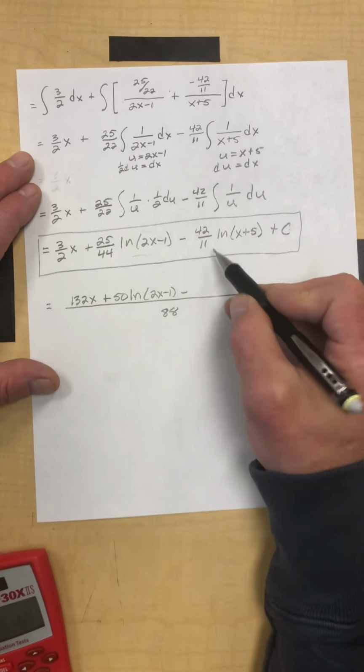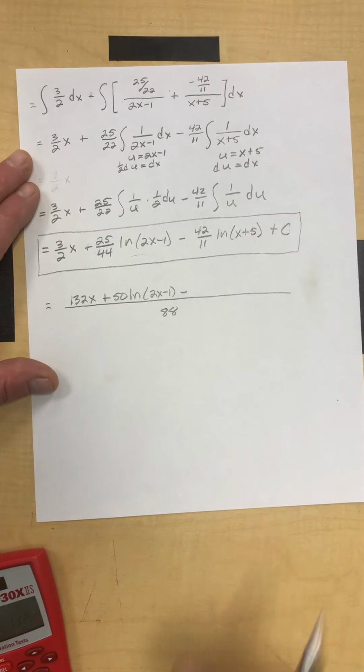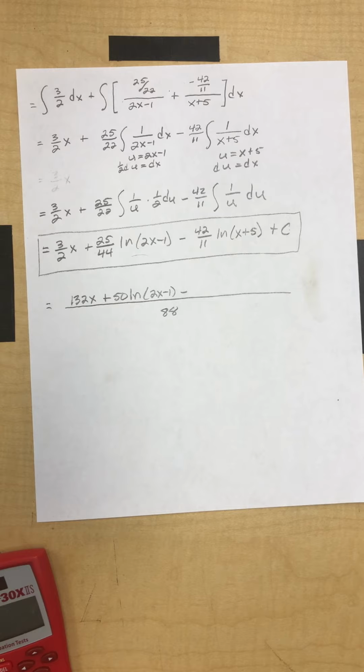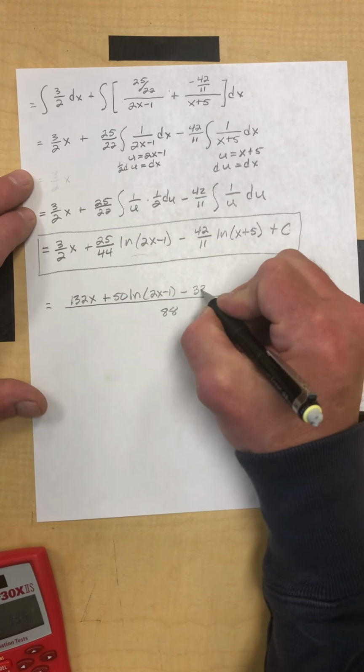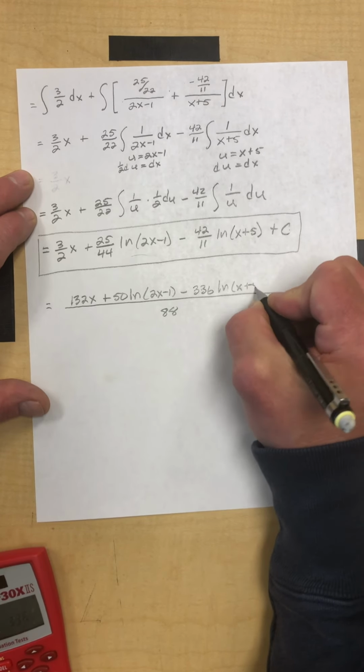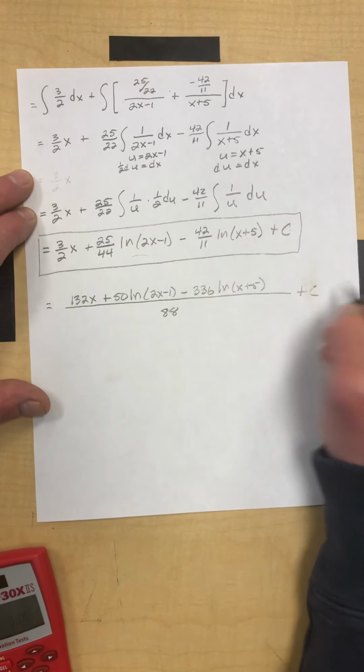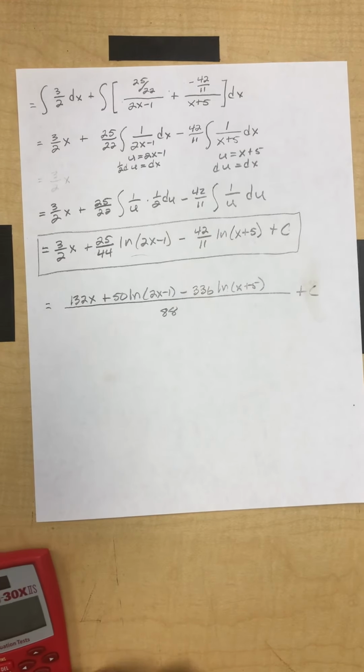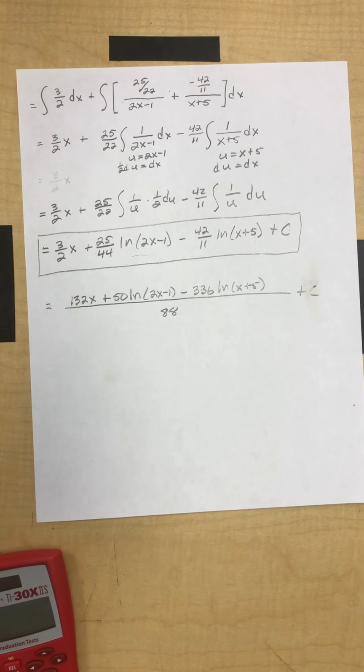Here I'd have to multiply by 8, so 8 times 42 is 336 natural log of x plus 5, and then plus your constant of integration. You could go that route if you wanted to. Let me check and see if that is good.